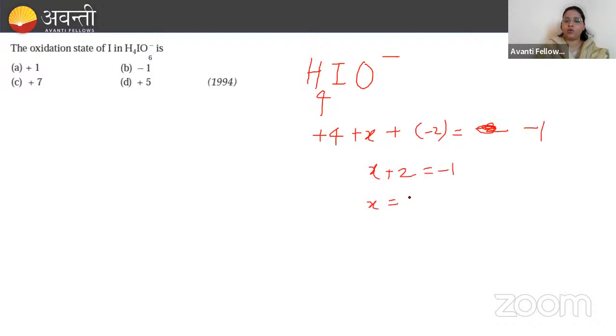So X is equal to -1. Any doubt? Is something wrong here?